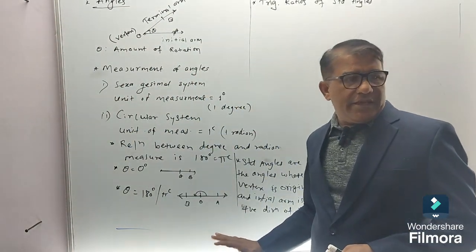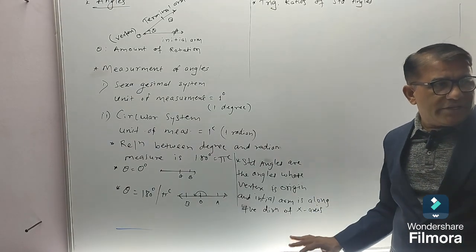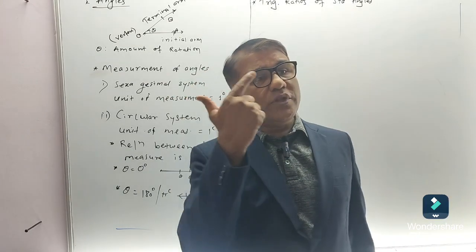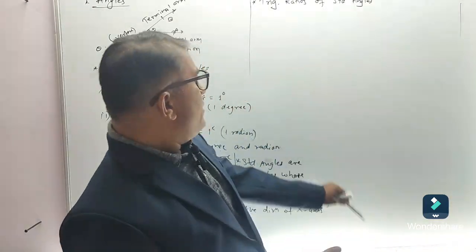Standard angles are the angles whose vertex is the origin and initial arm is along the positive direction of the x-axis. That's what it is.